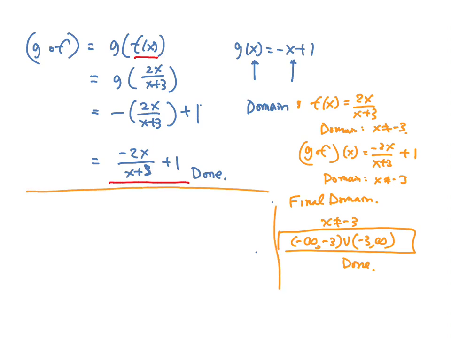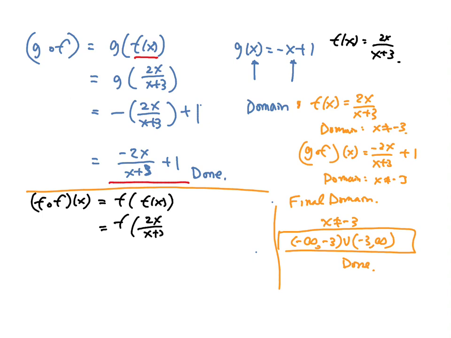Let's just finish out. So f circle f. This means f of f of x. So we have to plug in our f. Now I forgot what f was. F was 2x over x plus 3. So this means f of 2x over x plus 3. Alright, now notice the function f itself is a fraction.